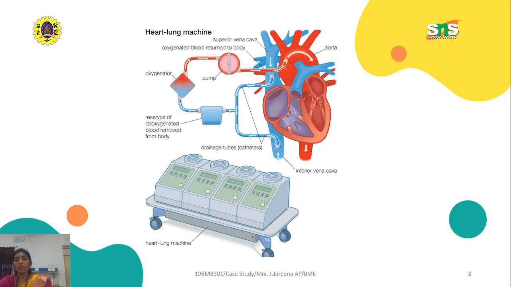When the doctor needs to do surgery, it is very difficult and uncomfortable for the patient. Without disturbing the other body functions or any other organs, we need to operate on the heart.